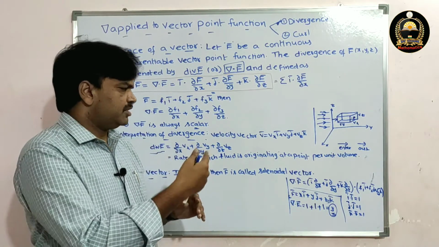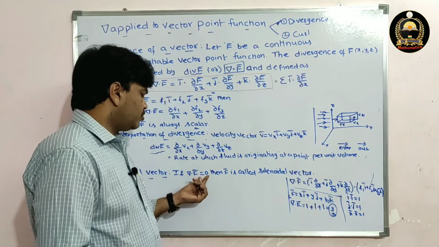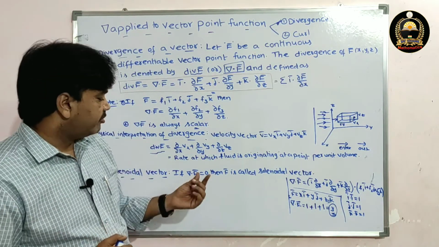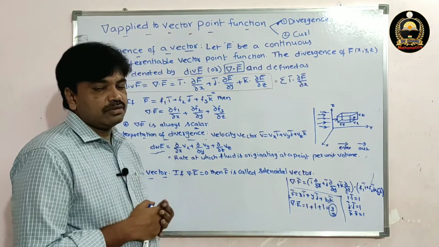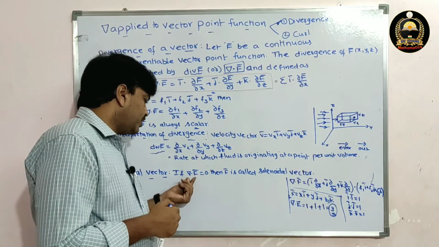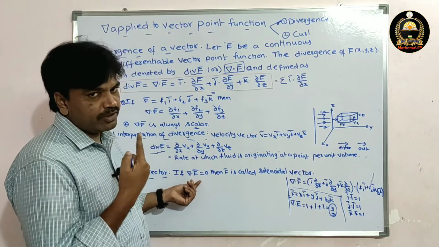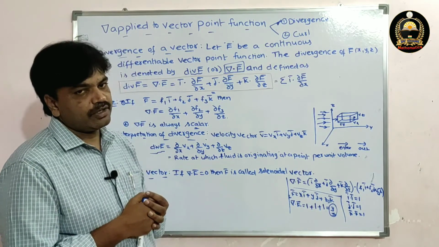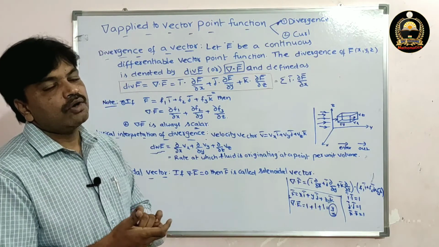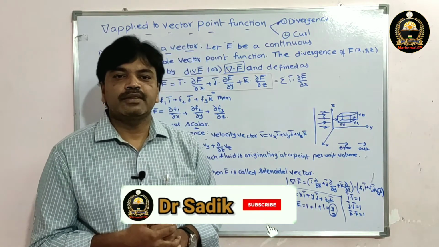In the problem, if f bar is given and asks to show it is solenoidal, you find the del dot f bar value, and it is 0. Hope you understand.